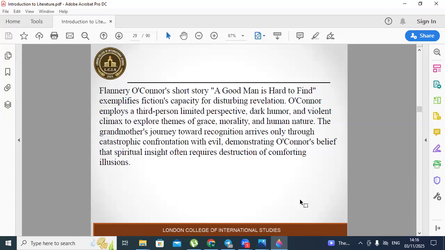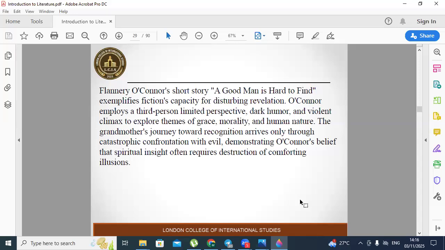The story builds toward a violent climax when the family encounters an escaped convict called the Misfit. What begins as a somewhat comic family vacation story becomes a meditation on grace, morality, and human nature.